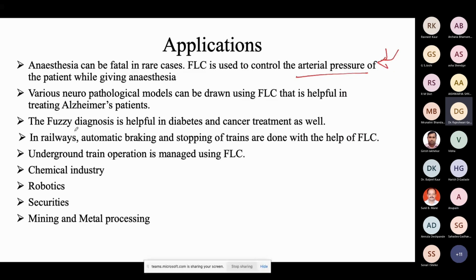In railway applications, automatic braking and stopping a train can also be done with the help of FLC. Underground train management can also be done with FLC, as well as the chemical industry and robotics.